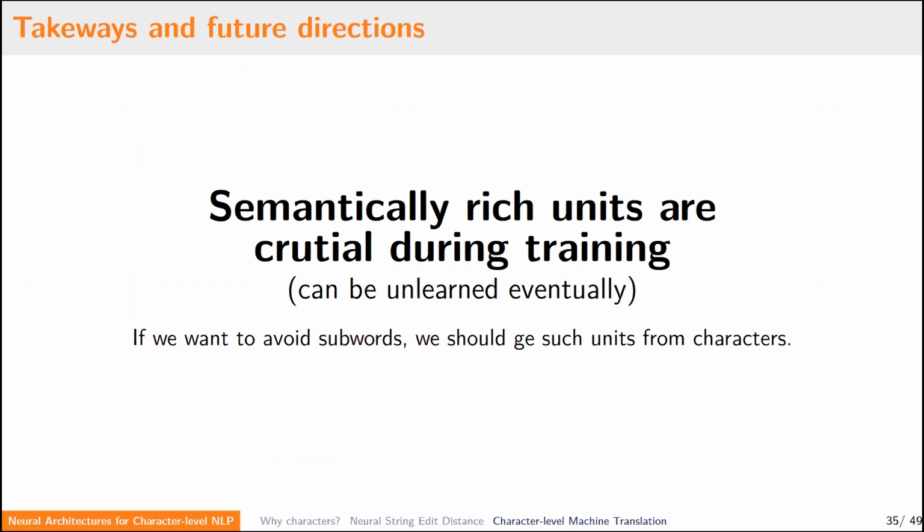So these preliminary experiments made us think that semantically rich units are crucial during training, even though they can be unlearned eventually. So if we want to avoid using subwords for the models, we should get similar units as the subword units from the characters themselves. So we need to modify the architecture in such a way that the input of the transformer would be something like subword embeddings without actually having the subwords.